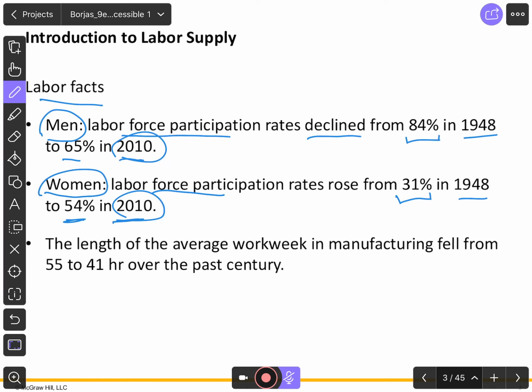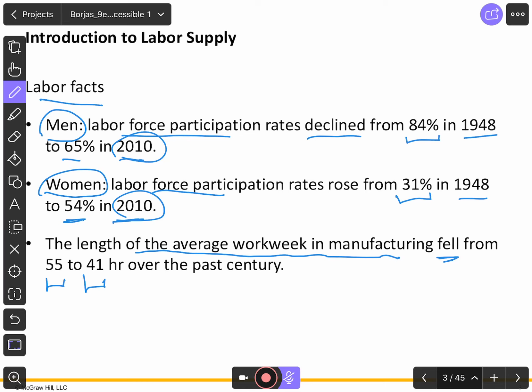Also, another observation that you can check on the BLS is that the length of the average work week in the manufacturing sector has declined from 55 hours of work to just 41. So people divide their hours, let's say per day, between working and non-working.